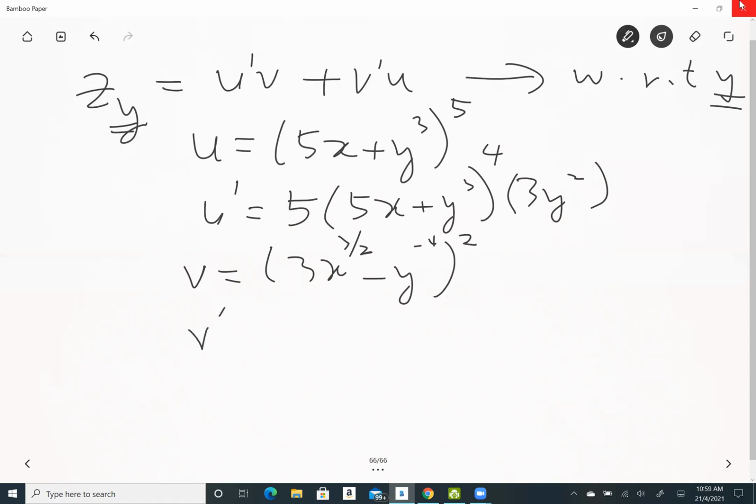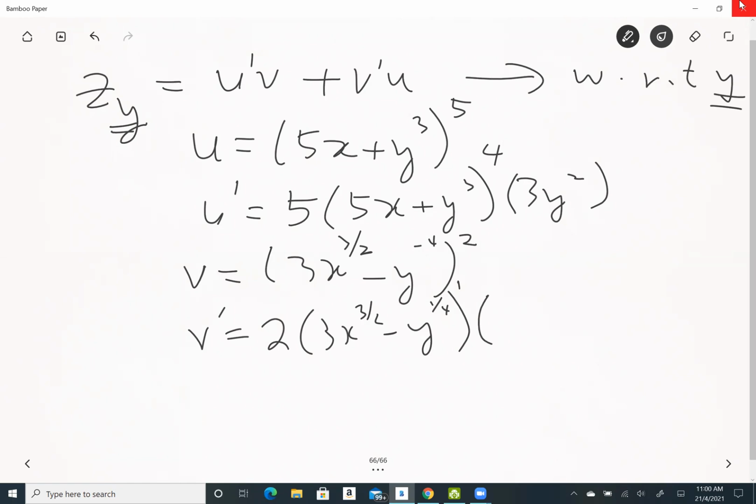So v prime is the derivative with respect to y. Again, the rule applies. So you bring down the power multiplied by the terms in the bracket, reduce the power by 1, so that's 1. And then take the derivative of the terms in the bracket with respect to y.